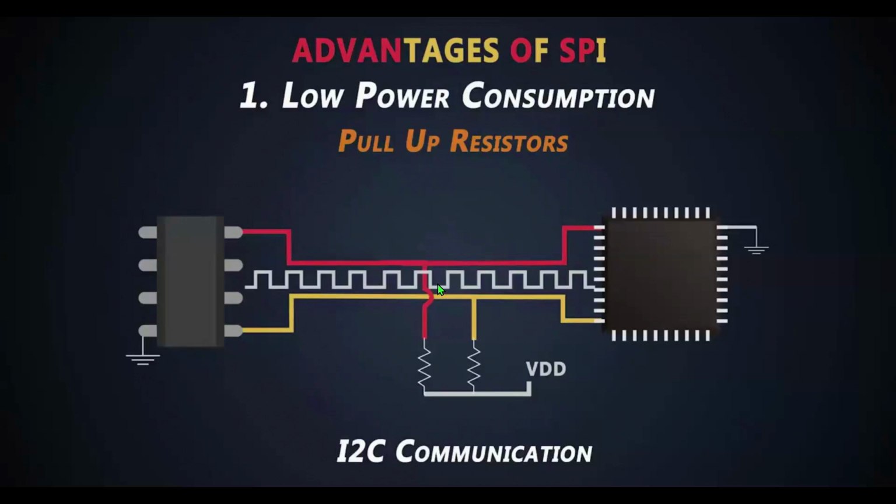For example, we need 2 kilo ohm resistors for 400 kbps speeds, and this resistance value decreases further for higher speeds. So, depending on the pull-up resistor value, the circuit draws very much current, which eventually results in power loss.